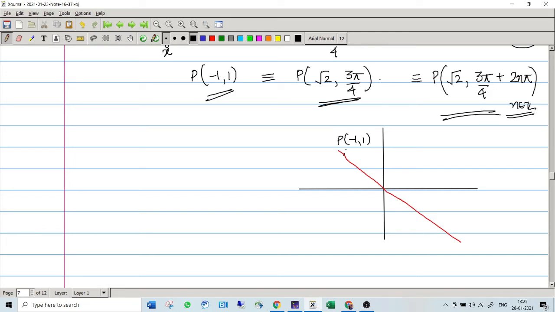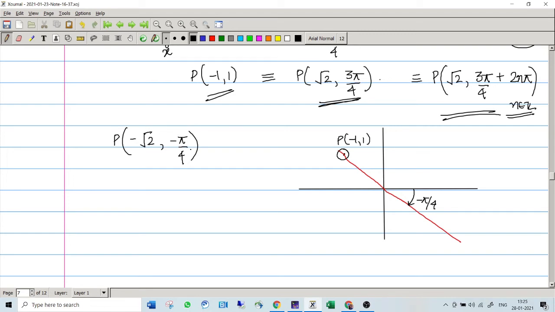That is, this point is reached by traveling along the direction of minus pi by 4, but in the opposite direction of travel, that is, your r will have to be negative. So this point P will also be the same as minus root 2, minus pi by 4. So minus pi by 4 will be related to minus root 2 rather than root 2.